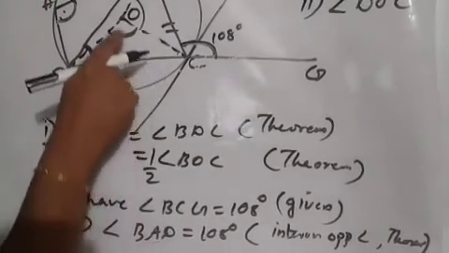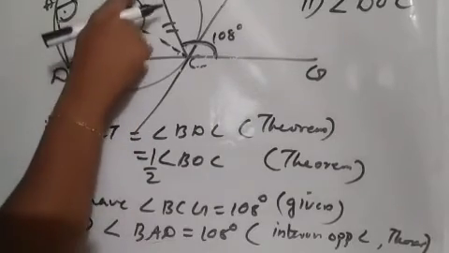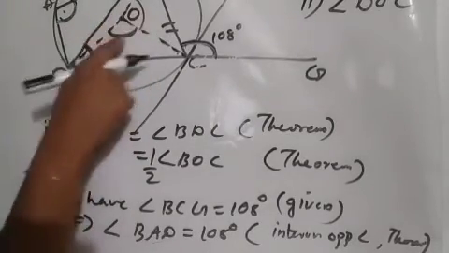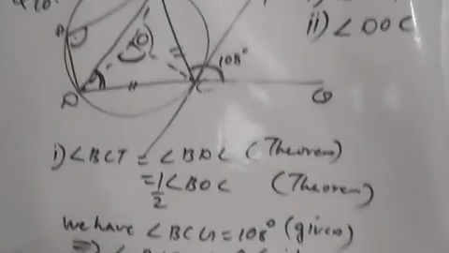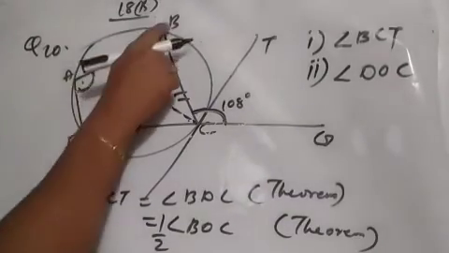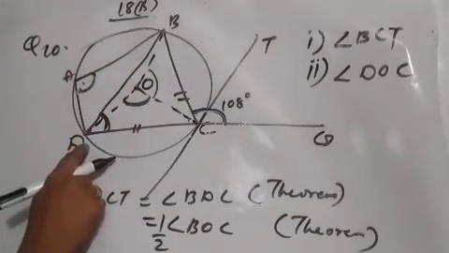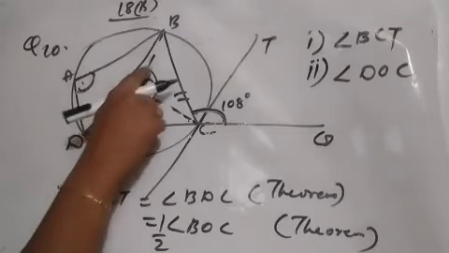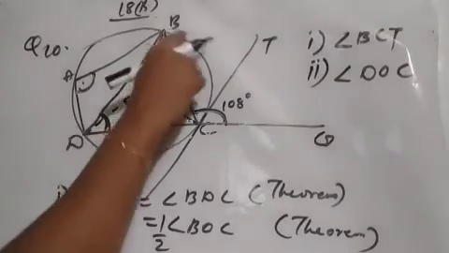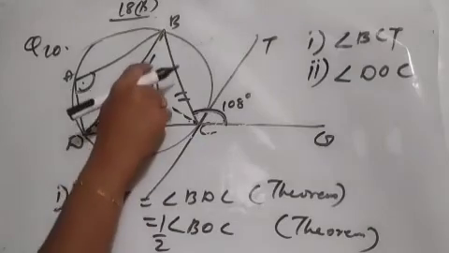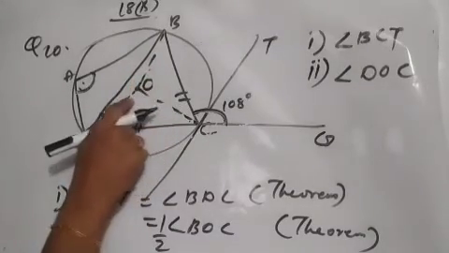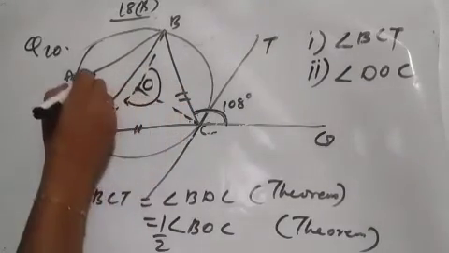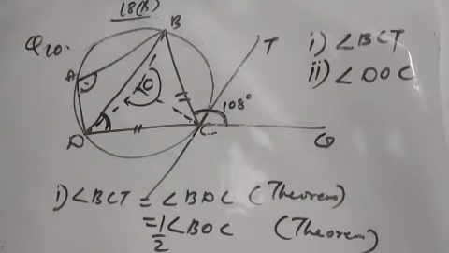Angle BAD is half of angle BOD, the central angle. Look at this. Angle BAD is the angle in the remaining part of the circumference of the arc BD. So angle BOD is twice that of angle BAD.